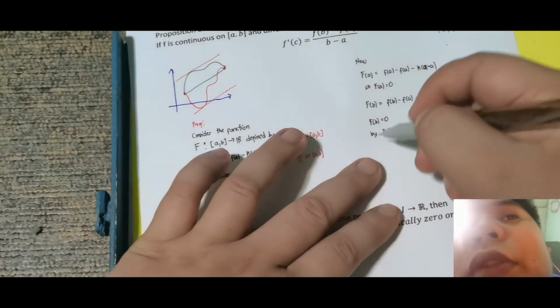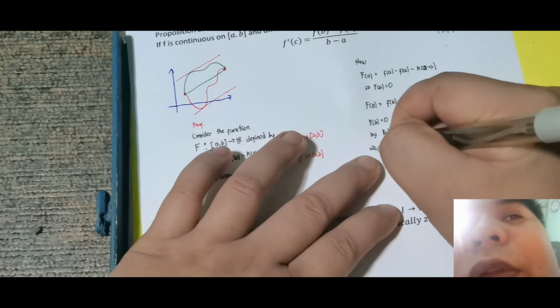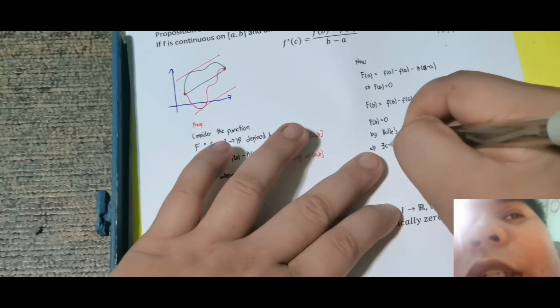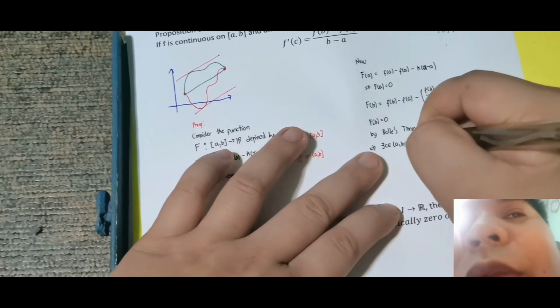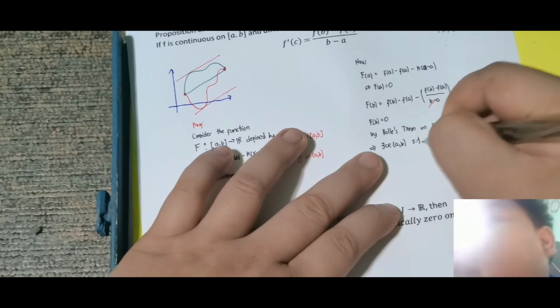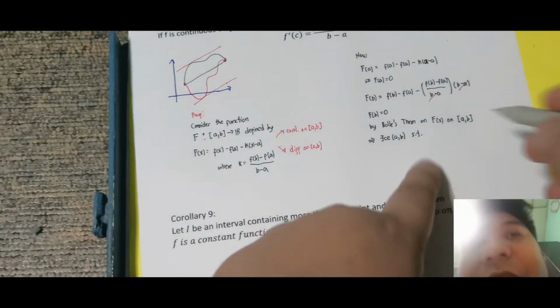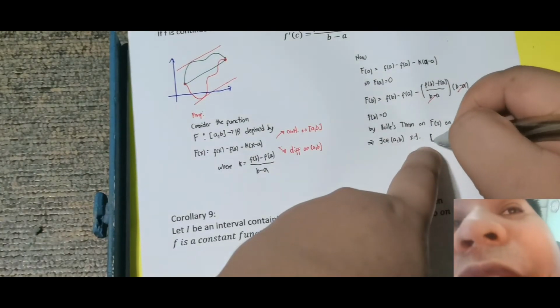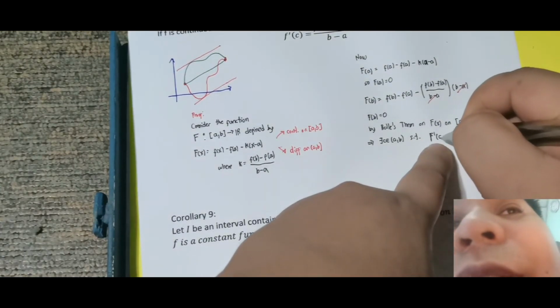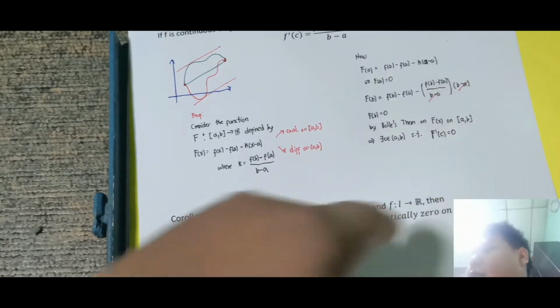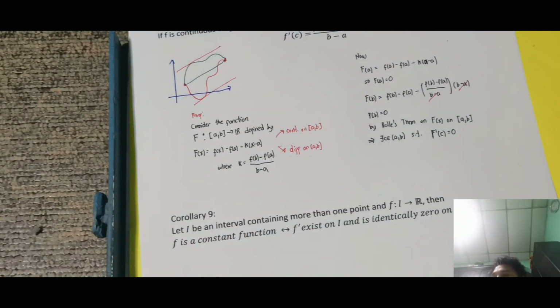Rolle's theorem says there exists c, an element of the open interval AB, such that capital F prime of c is equal to 0.